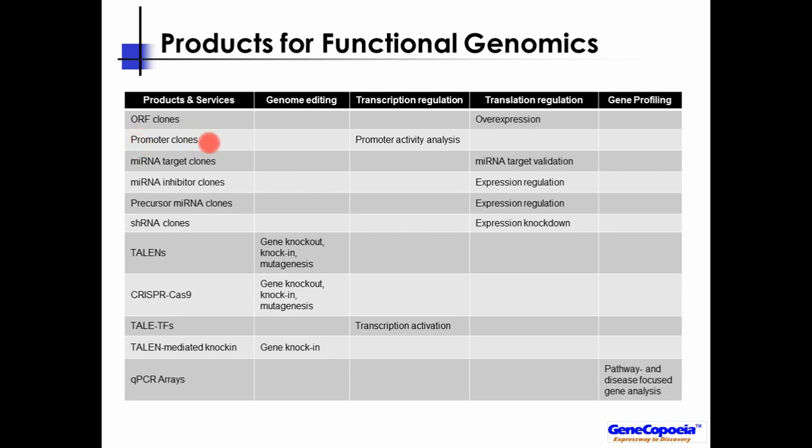These are promoter clones, microRNA target clones, microRNA inhibitor clones, precursor microRNA clones, shRNA clones, and then we have a number of genome editing tools for TALENs and CRISPRs, and finally we have qPCR arrays.